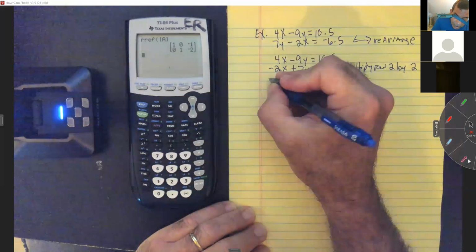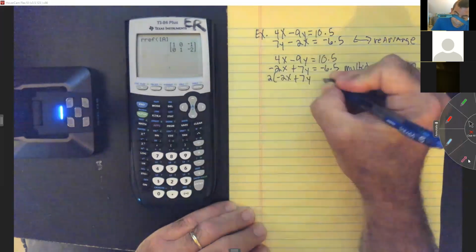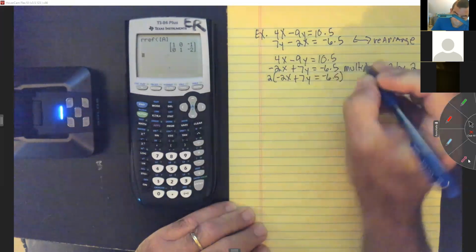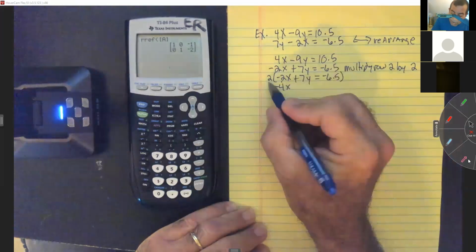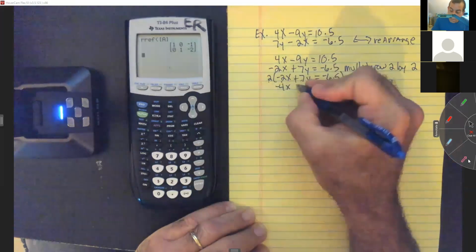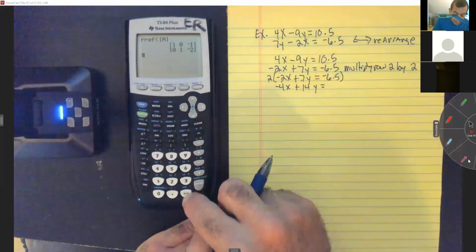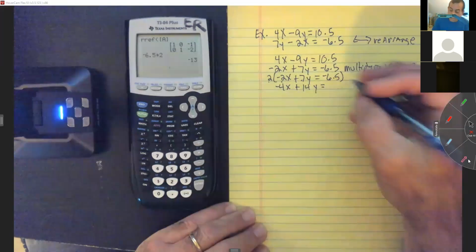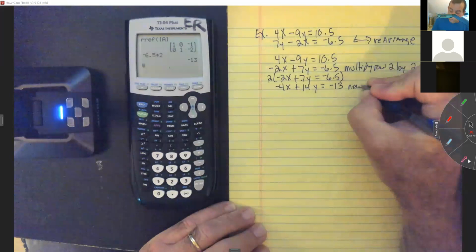So I'm just going to multiply my second row real quick. 2 times negative 2 will make that a negative 4x. 2 times 7 will make that a 14y. And then 2 times negative 6.5, what's that, negative 13? So this will be my new row 2.